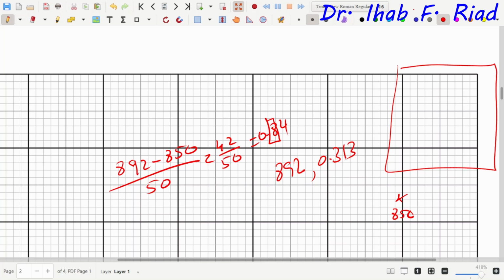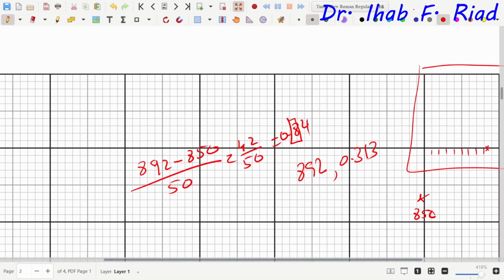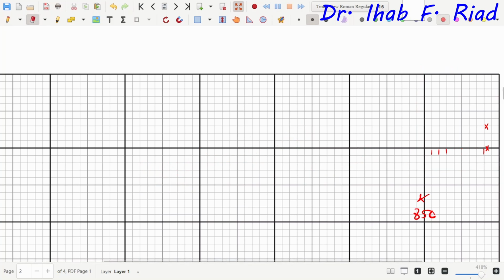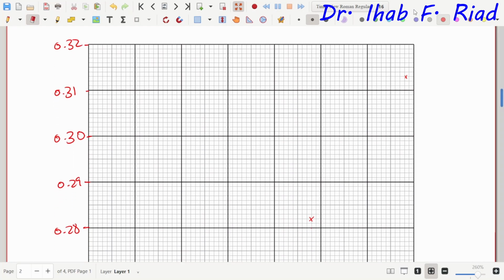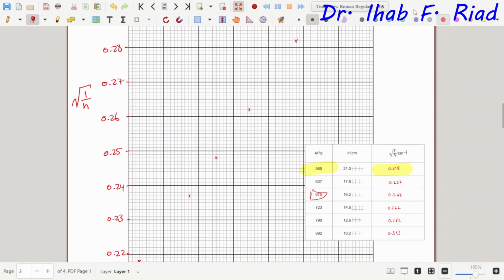Let us do the counting: 1, 2, 3, 4, 5, 6, 7, 8. But it is 0.84, so it is a little bit over here. Now, what about 0.313? We count 3 up: 1, 2, 3. So the mark is over here. So the more you practice, the faster you are going to get at representing the data points.